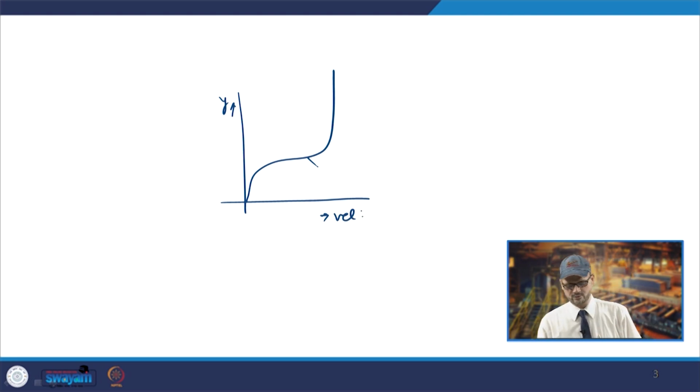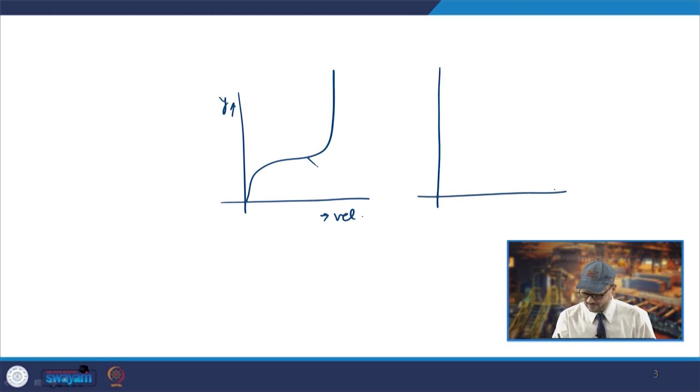Similarly, you can have the transition to turbulence even without the inflection point. So, your situation may go like this. In this case you have inviscid instability, where viscous effects are negligible, and this is your viscous instability.